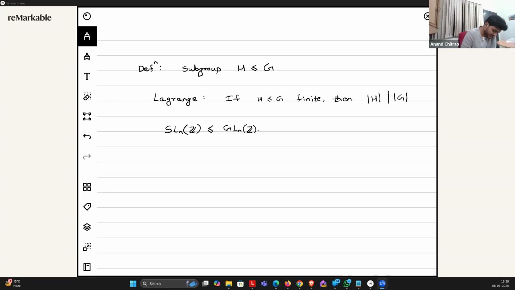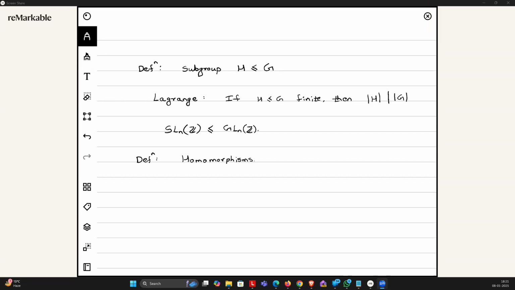Yeah. So next definition, homomorphisms. So what are homomorphisms? A mapping which satisfies the condition that phi of ab is equal to phi of a times phi of b. Yeah. Homomorphisms appear everywhere in mathematics. Whenever you have a structure on a particular set, you can talk about homomorphisms. Homomorphisms are maps which respect the structure, right?